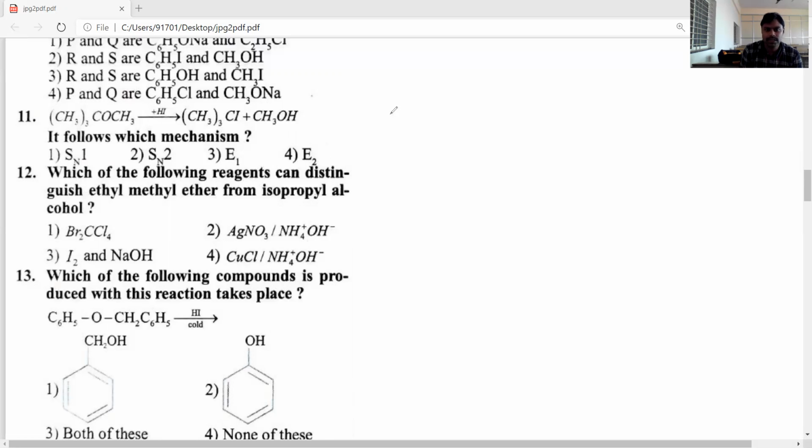Let's see the 11th question, dear students. See this 11th question, cleavage of ethers. This is the SN1 mechanism because one tertiary alkyl group is present in the ether. It reacts with HI, which means the SN1 mechanism, then the cleavage takes place, forming a positive charge and a negative charge.